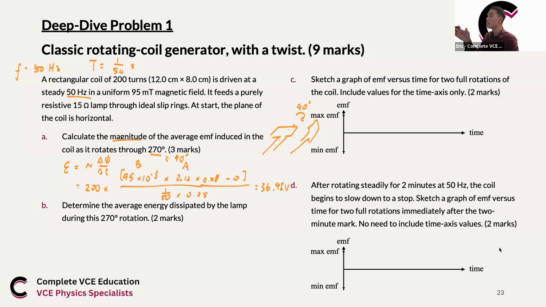Because what's happening is you produce some EMF in the first 90 degrees, some other EMF in the next 90 degrees, and another bit of EMF for the next 90 degrees. But then you divide it by the 3 intervals, once, twice, and thrice. You divide it by 3 rotations so that the average is just the same as considering 1/4 of the rotation. So that is why we use 1/4. We consider the quarter of rotation when we approach this question.